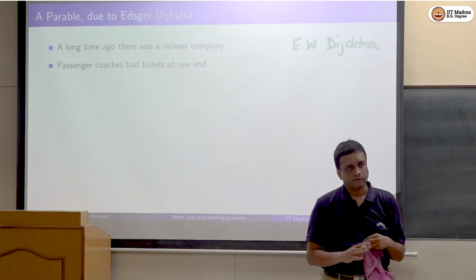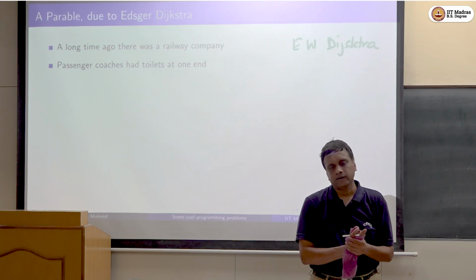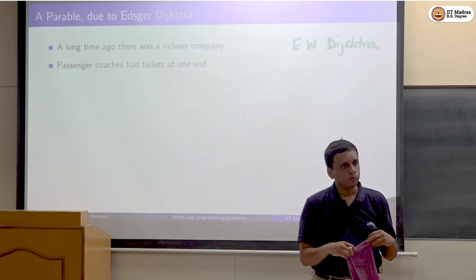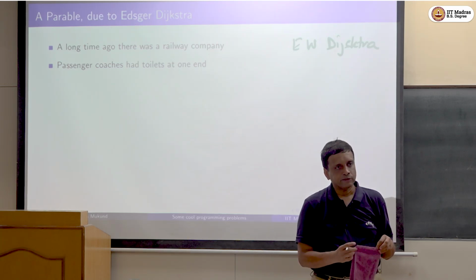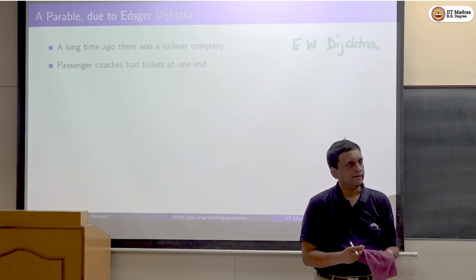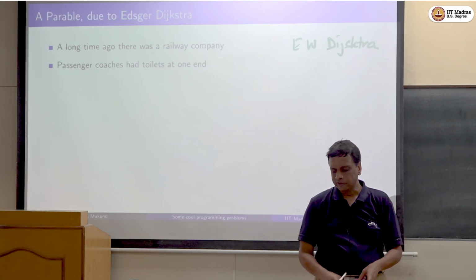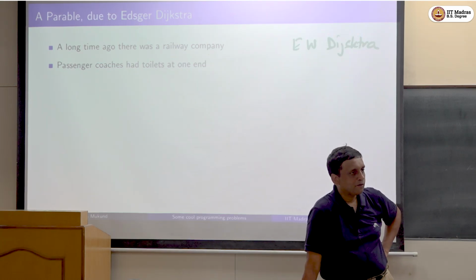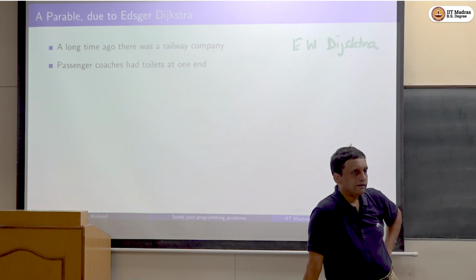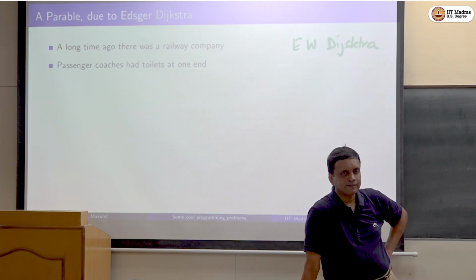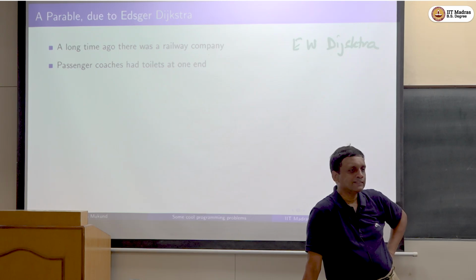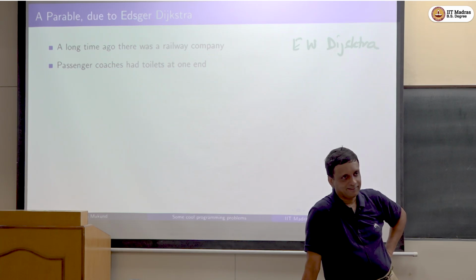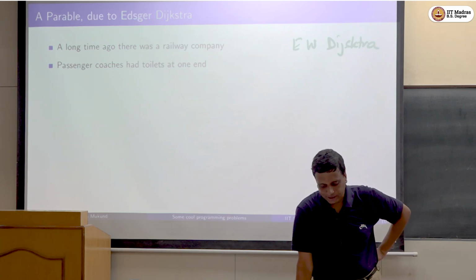So he was at a place called Eindhoven, and then at some point in the 1980s he moved to the US, and he was at Texas Austin till he died. But in the 60s and 70s, when he was very much in Europe, in those days it was a small community, and there used to be a lot of small meetings, small discussions. So he would document various interesting things, including some random stories. Okay, so this is one of the random stories.